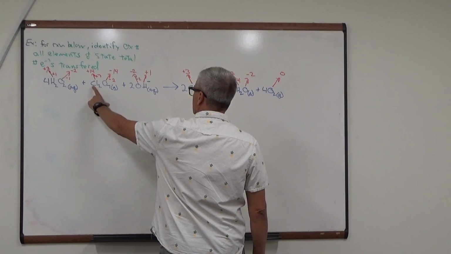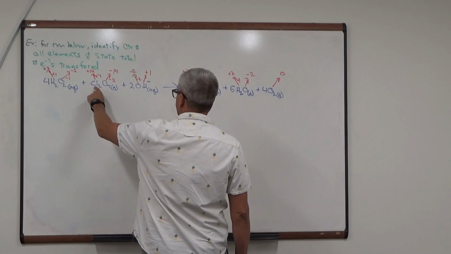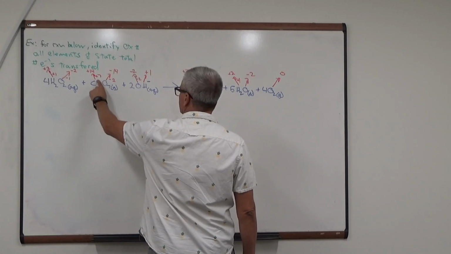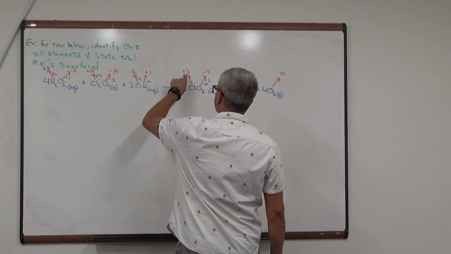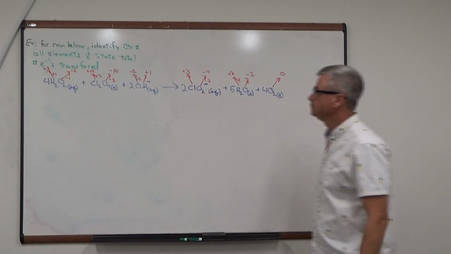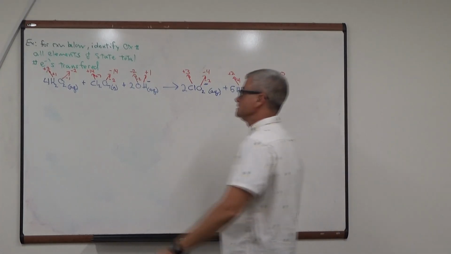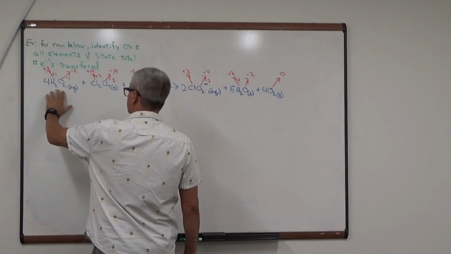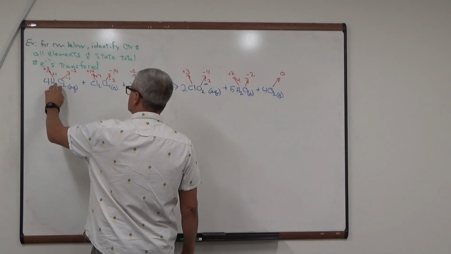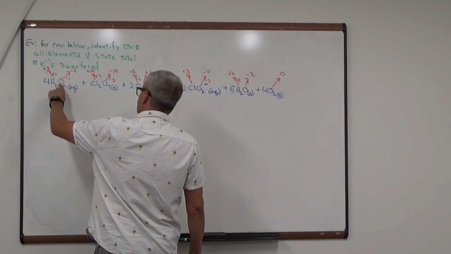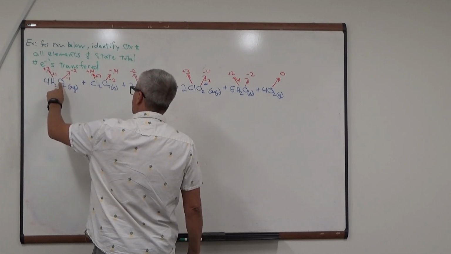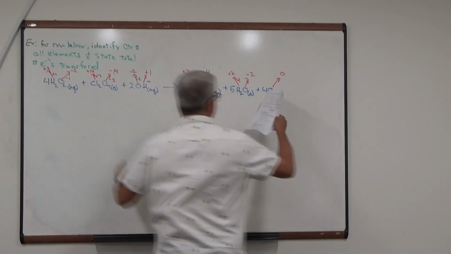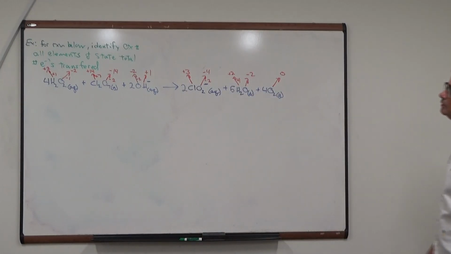So it was the oxidizing agent, and it got reduced. It went from +7 to +3. All right, and the reducing agent in this situation, pretty unusual because hydrogen peroxide is often an oxidizing agent. But in this situation, it was a reducing agent, and the oxygens went from -1 over here to 0.